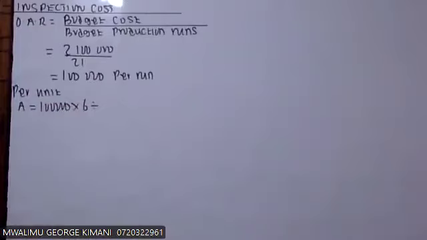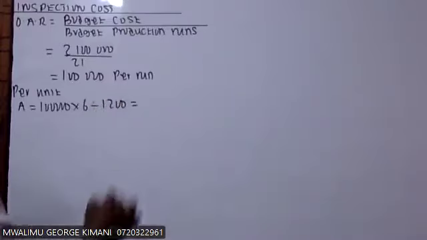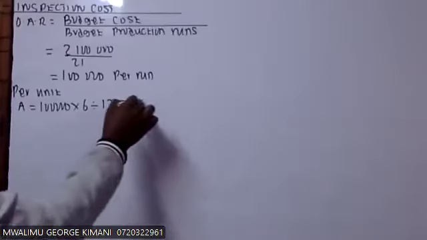You divide by the number of units, which are 1,200. $500.